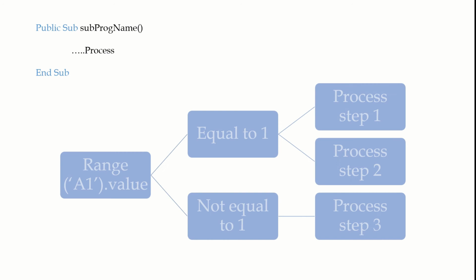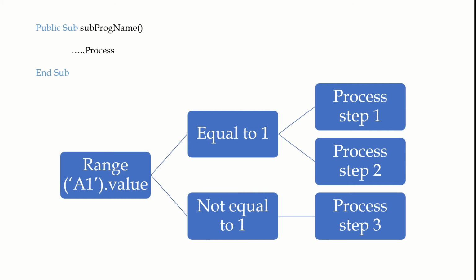So, say for example, you have a program that you're trying to code, and the subprocesses that you're defining depend on the value of range A1. So you have range A1 here, and if it's equal to 1, we have to do process steps 1 and process steps 2.